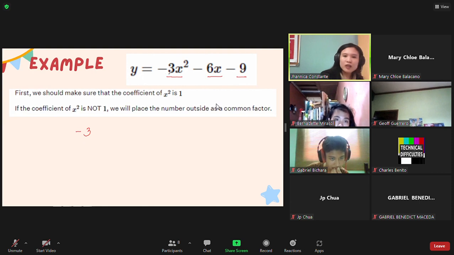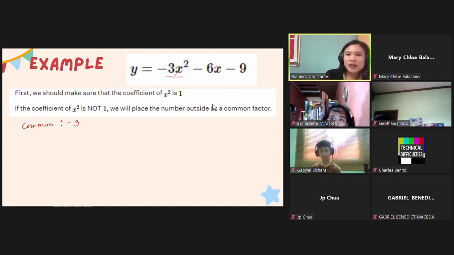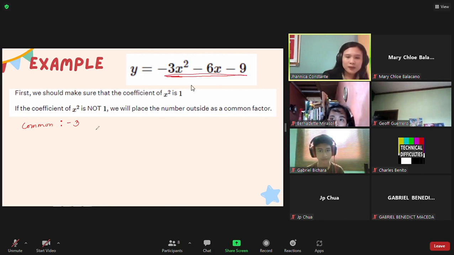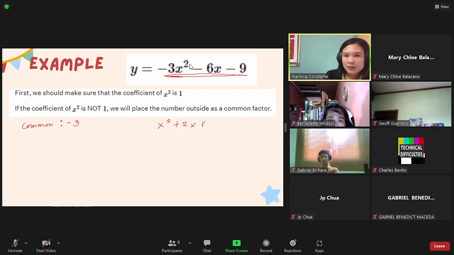If we remove the common factor, the remaining will be x squared plus 2x plus 3.